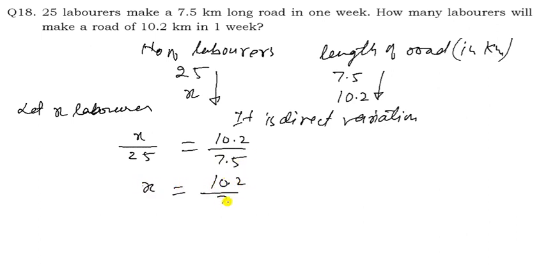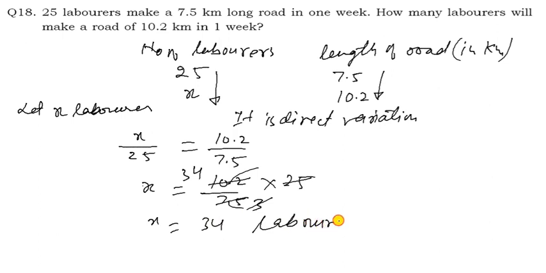So x is equal to 10.2 upon 7.5 into 25. Now the decimal will be removed. 25 3s are 75, and 3 3s are 9, and 3 4s are 12. So x equals 34. What 34? 34 labors. So that is your answer.